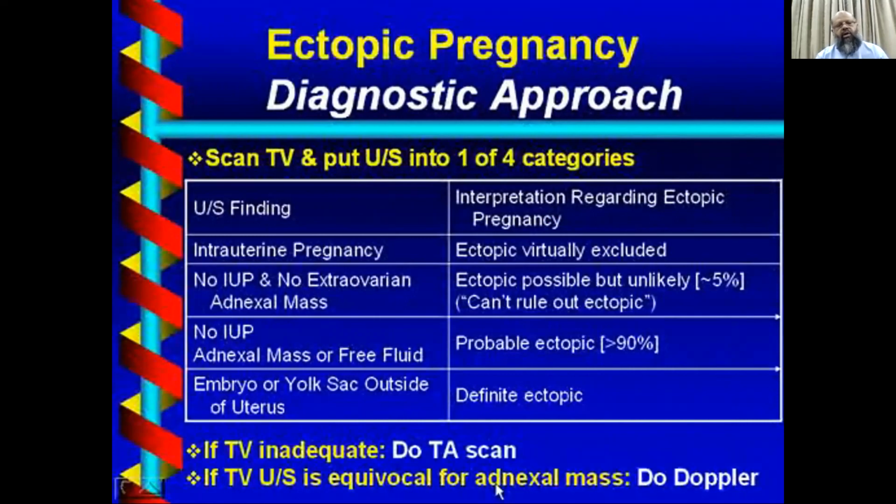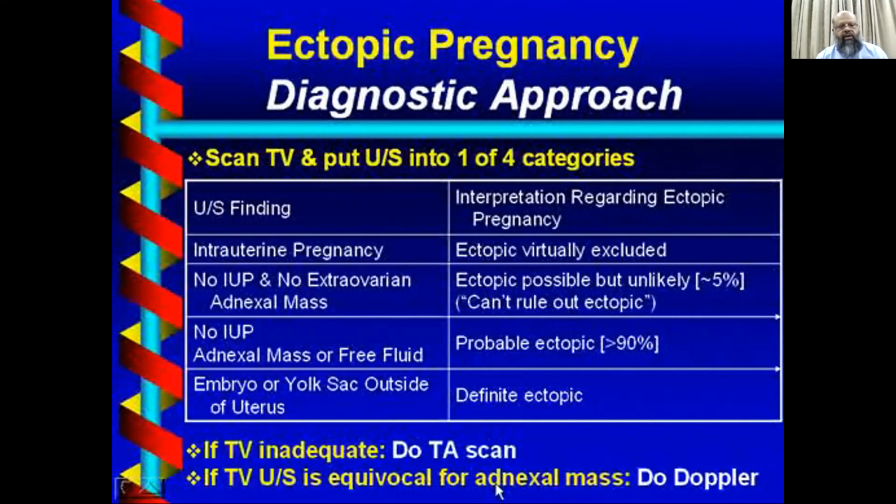If you get intrauterine pregnancy and you have scanned the adnexa and did not find any other mass, we rule out ectopic, and we rule out heterotopic ectopic pregnancy. Number 2 is no intrauterine pregnancy and no extraovarian adnexal mass. Ectopic possible but unlikely, about 5%. Cannot rule out ectopic in such cases.